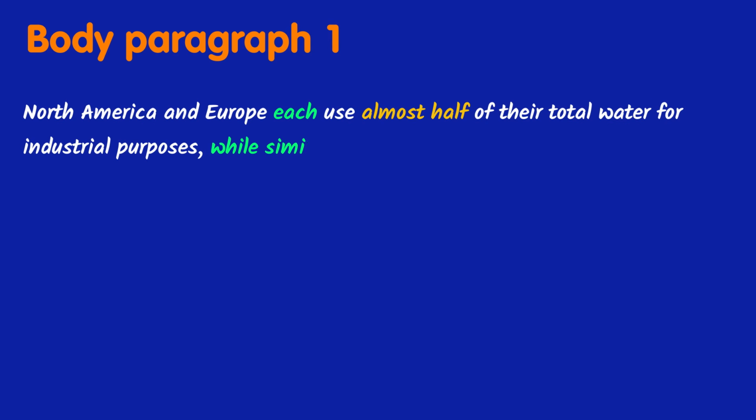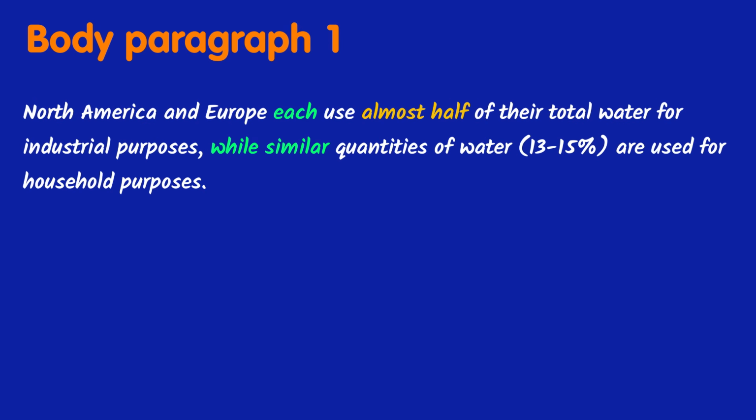While similar, this is a comparison, similar quantities of water. So what I do here is I write the percentages in parentheses, all right? 13 and 15% are used for household purposes, all right? So when I write 13, it means that it refers to North America because in the beginning of this paragraph, I started with North America, all right? 13 and 15% are used for household purposes.